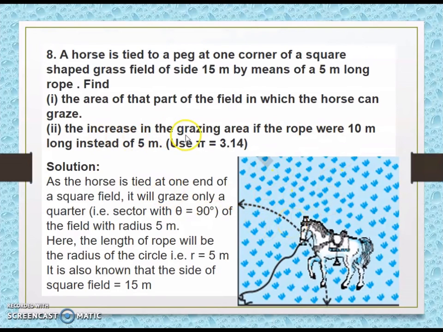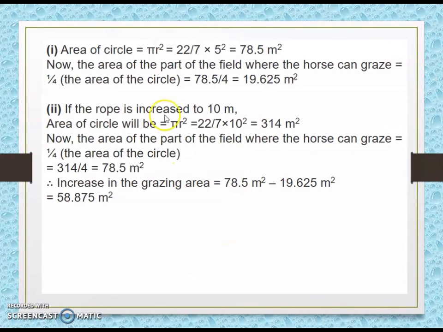Second part is the increase in the grazing area. You have to find out if the rope was 10-meter long instead of 5-meter long. So first part was using 5-meter as the radius, you will find out the area of the quadrant. Now if the rope's length is increased to 10-meter, then what portion of the area it can graze?